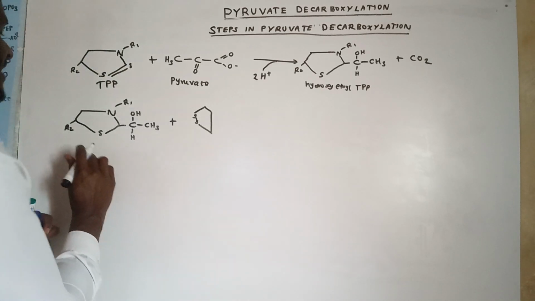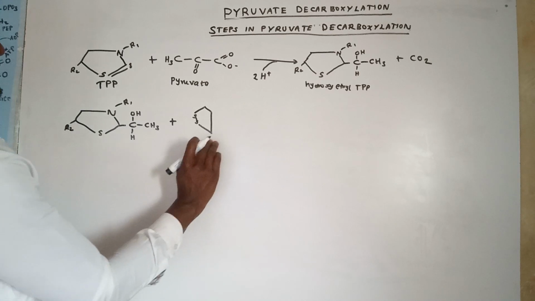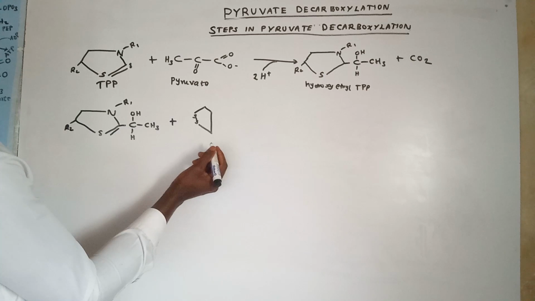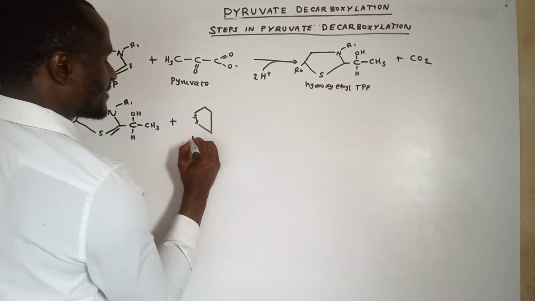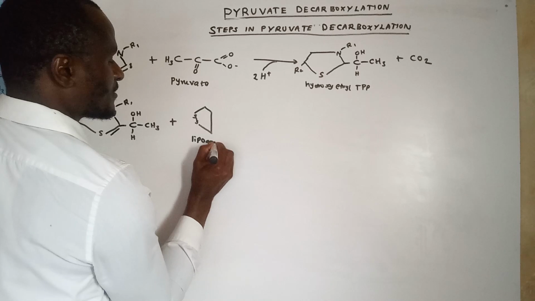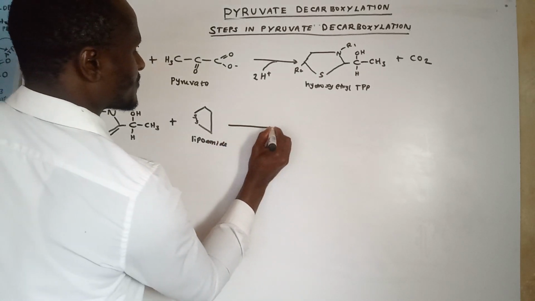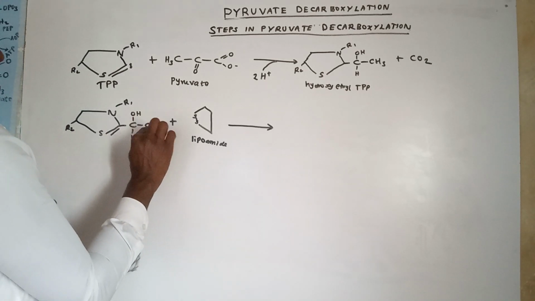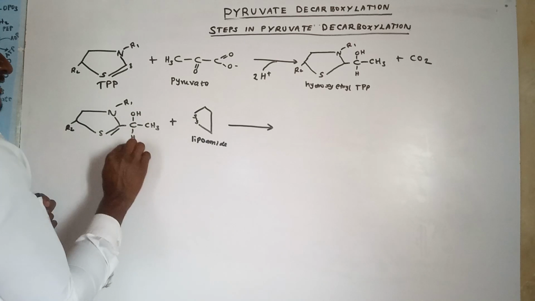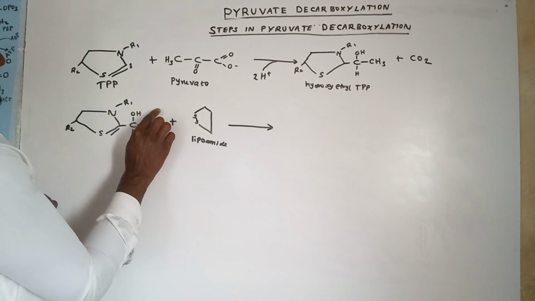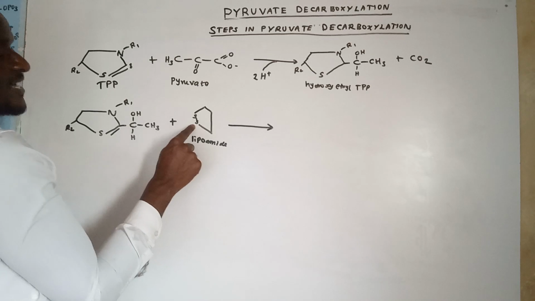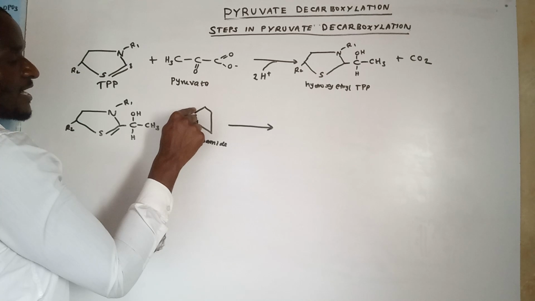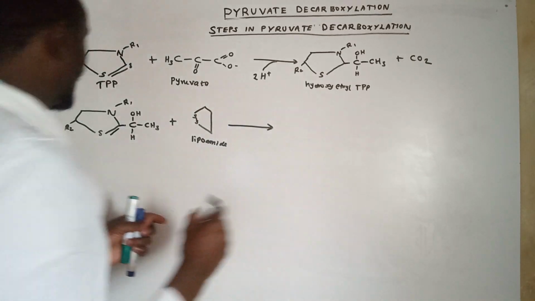So when hydroxyethyl TPP reacts with the lipoamide, this particular part gets attached to one of the sulfur atoms, and the other sulfur atom is normally attached to a hydrogen atom, like as follows.